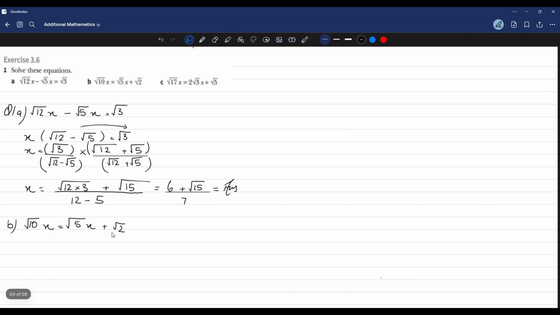Okay, so again, the same concept is being repeated here. We are going to bring the common values for x, the coefficients of x, to one side. So under root of 10x minus under root of 5x is equal to positive under root 2.